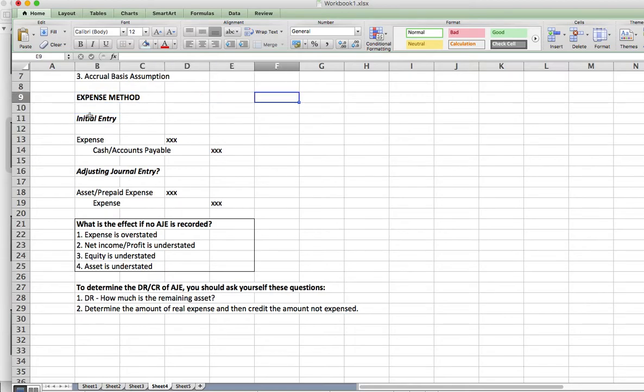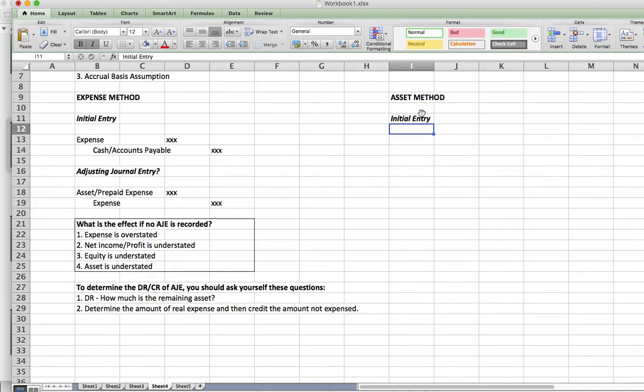How about asset method? Doon na tayo sa asset method. Para dire-diretso tayo mamaya. Initial entry. What is this asset method? Ganun, parang ganun din sa expense method. Except that, initially, the entire prepayment was recorded as an asset.